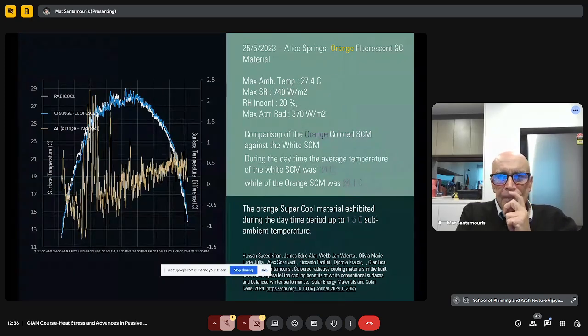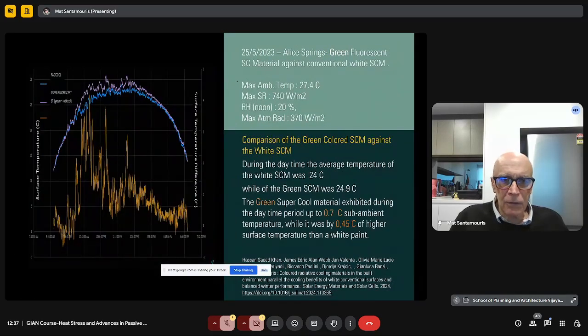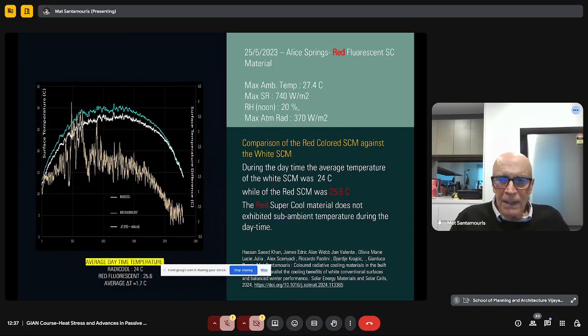You see the results. For example, an orange color material presents exactly the same temperature as the white photonic material, which means that we can have the same benefits of the photonic materials in any color. And this is done for almost all types and all colors of the materials with small differences.